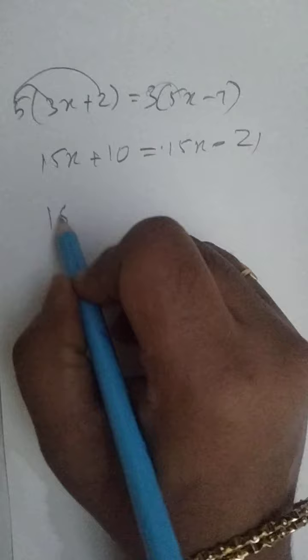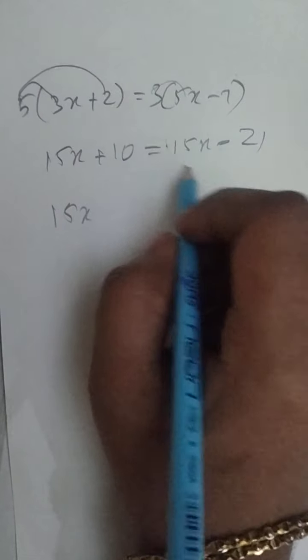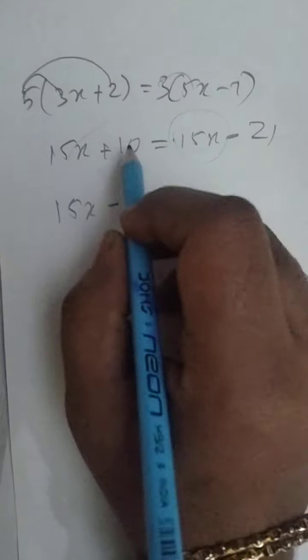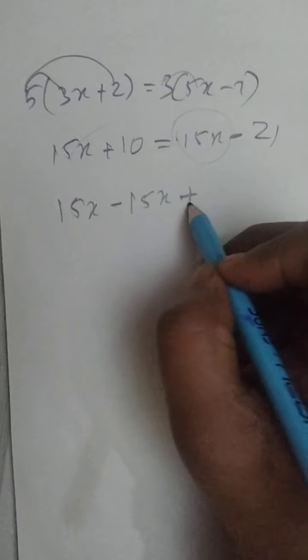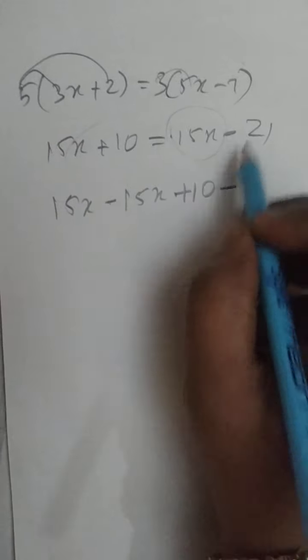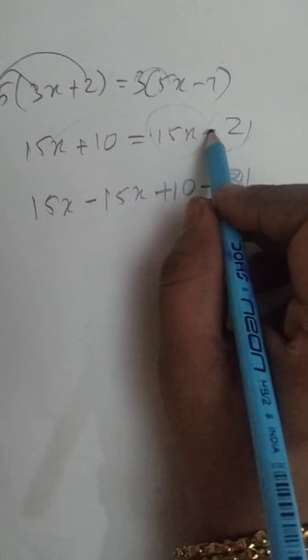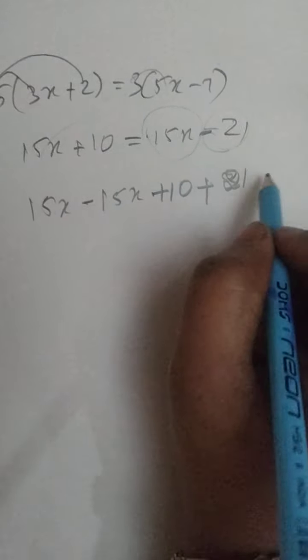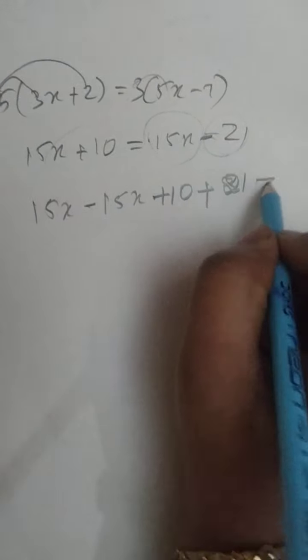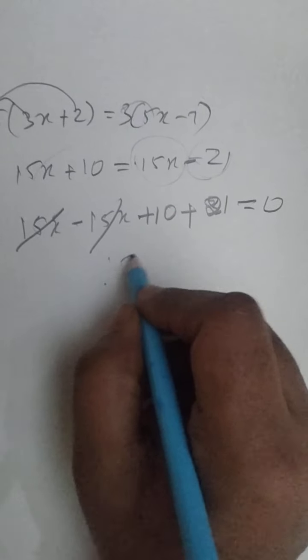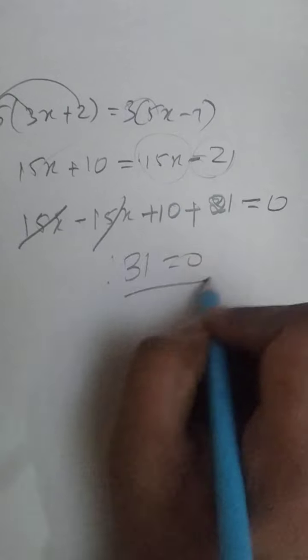So listen, the x terms you have to take over to one side, and 21 also moves to the left-hand side, where minus becomes plus, equal to 0. So plus 15x and minus 15x will be cancelled. So plus 10 plus 21, what is the answer? 31. So 31 is equal to 0.